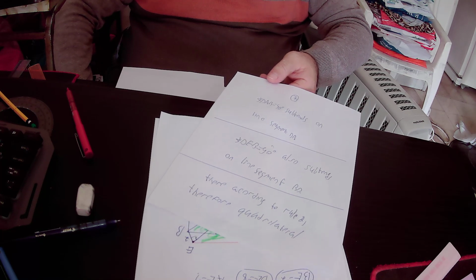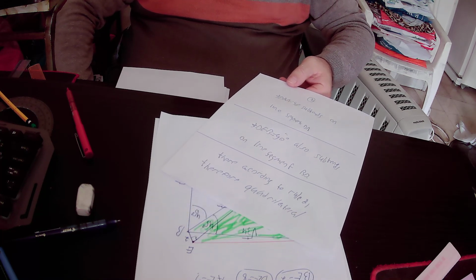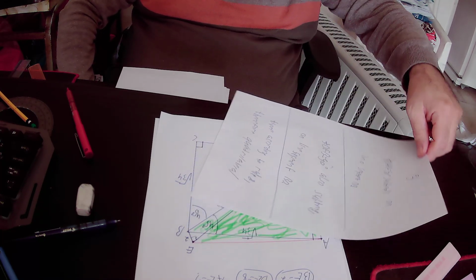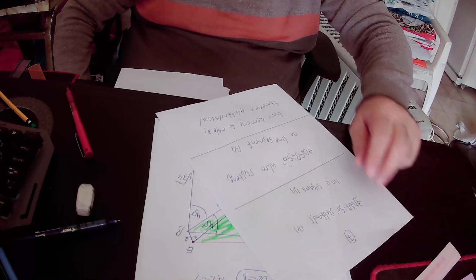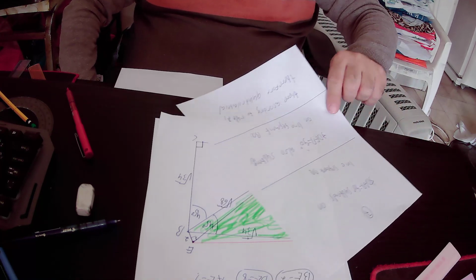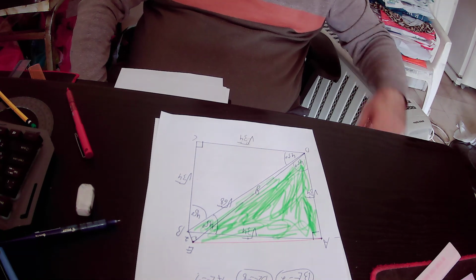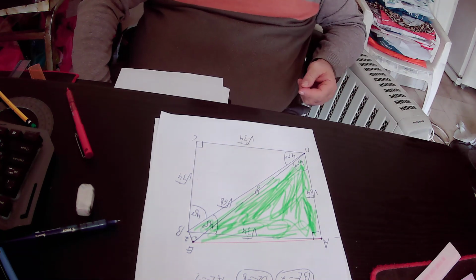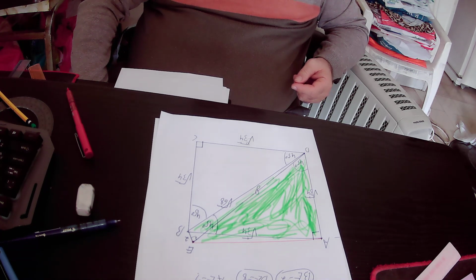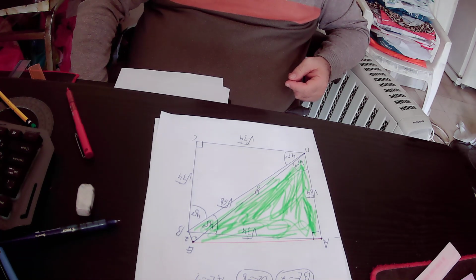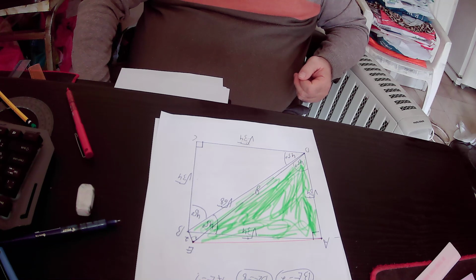Therefore, according to rule number 2, the quadrilateral ABED in the green color is inscribed by a circle, and the 4 points A, E, B, and D lie on that circle.